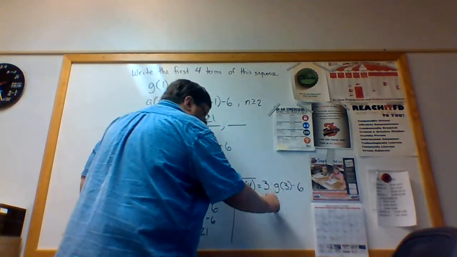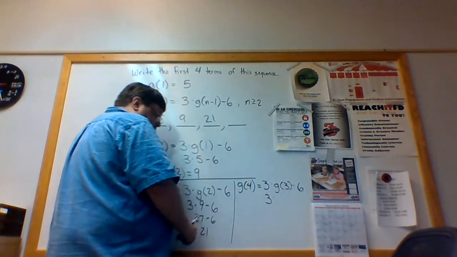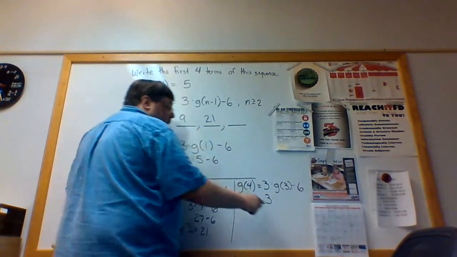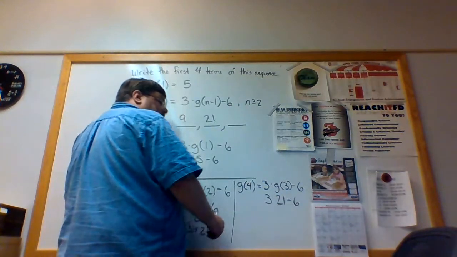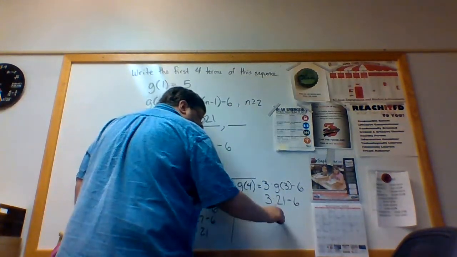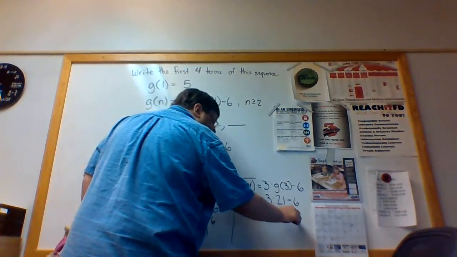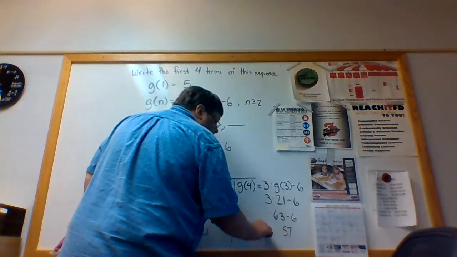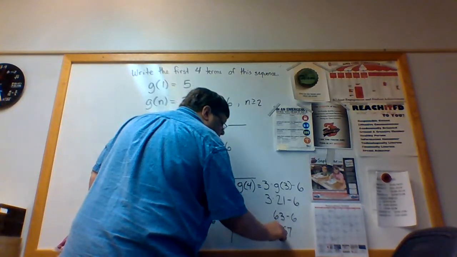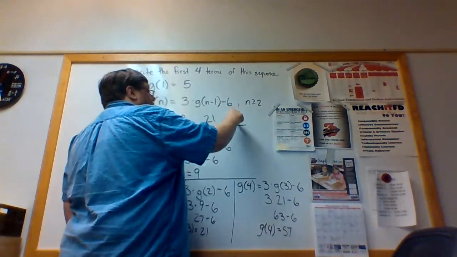So 3 times term 3, which was this 21, minus 6. 63, when I multiply those two together, minus 6 would be 57. So g of 4, or the fourth term, is 57.